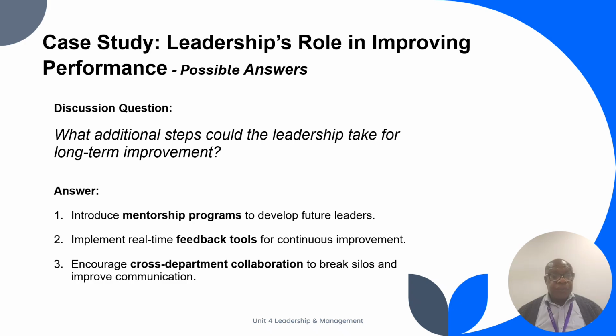Upskill on the job. You can implement real-time feedback tools. So you can look for all sorts of feedback, for continuous feedback. It's very important that teams and individuals get some sort of feedback, and it should be early enough as well.